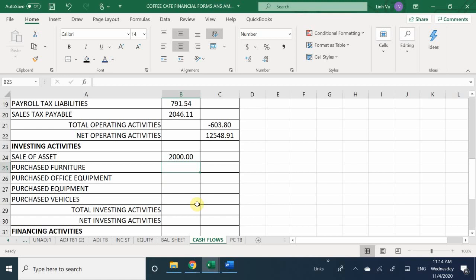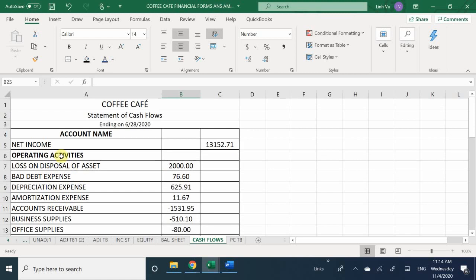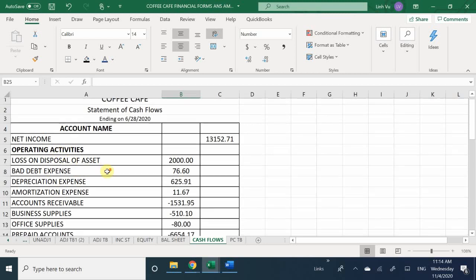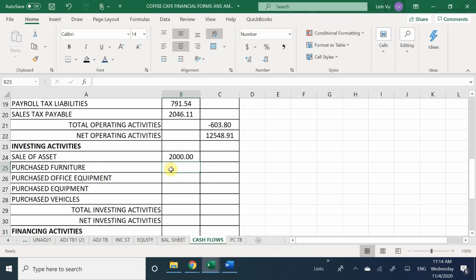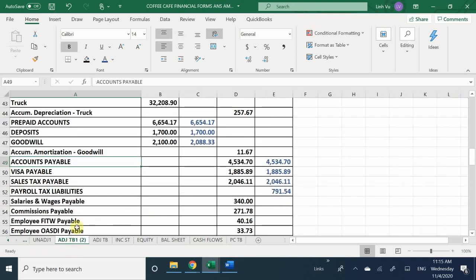So in this case, purchase of everything is going to be negative. And another thing too is because we've already added back the depreciation expense, that is one of the reasons why you have to label it as its historical value cost.